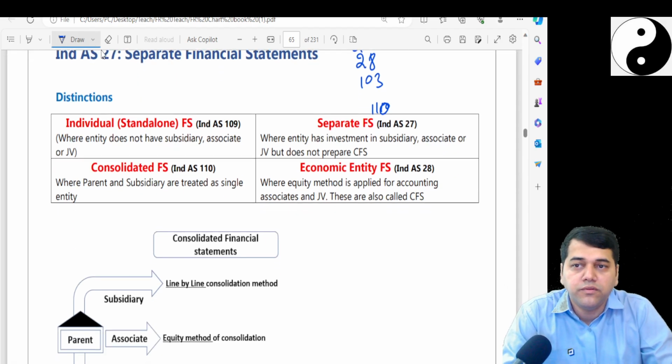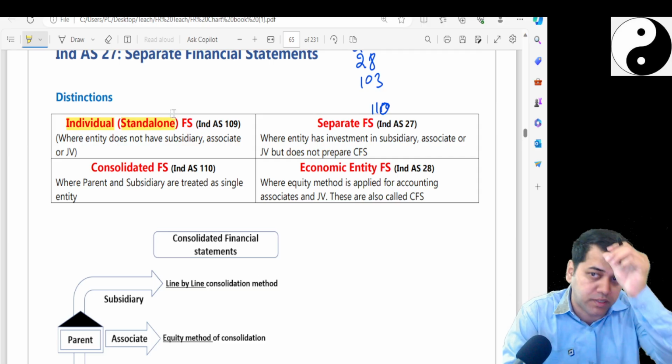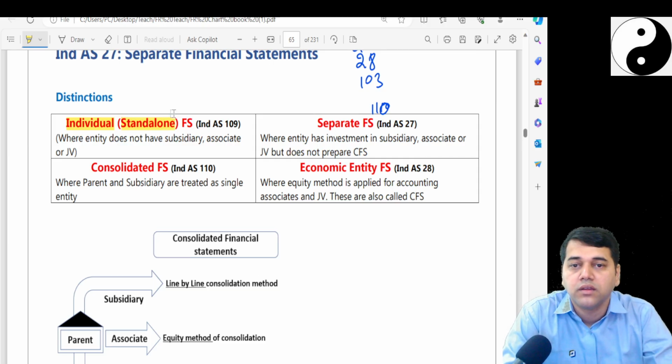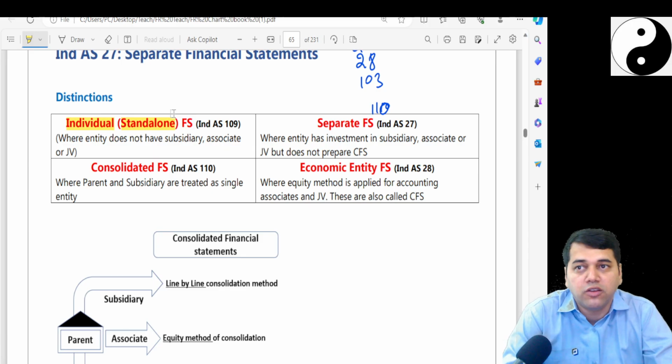Now you need to understand a certain distinction. We call it an individual financial statement or standalone financial statement. What is the difference between a standalone financial statement and a separate financial statement? Are both the same?